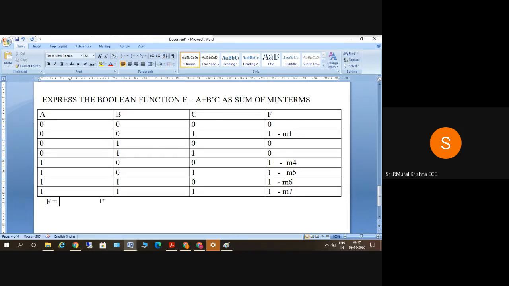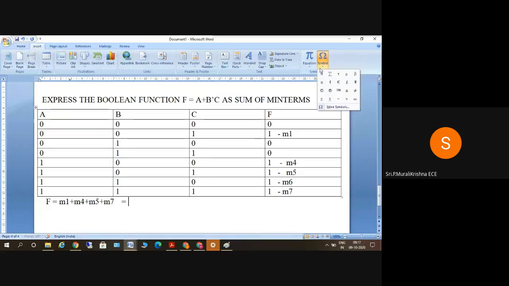Okay, so f1, f is equal to m1 plus m4 plus m5 plus m7. That is equal to sigma of these things. Sigma of, I can write small m, or I can write directly here. So sigma is 1 4 5 7.